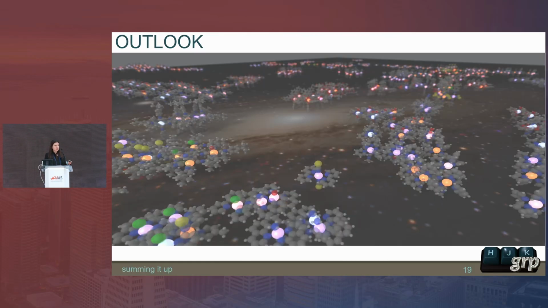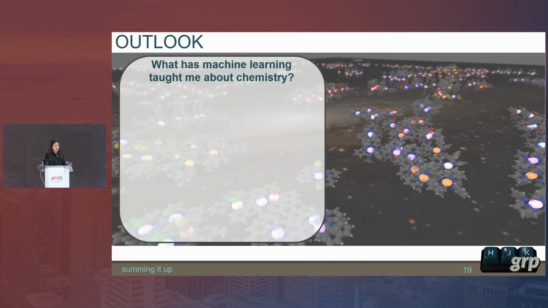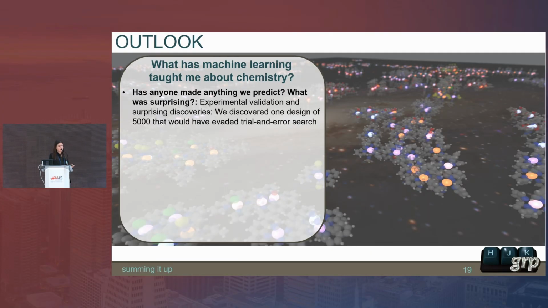So I'd just like to finish up by telling you the answers to a couple of the questions that I get asked a lot at my talks. The first is, has anyone made anything we predict? What was truly surprising?